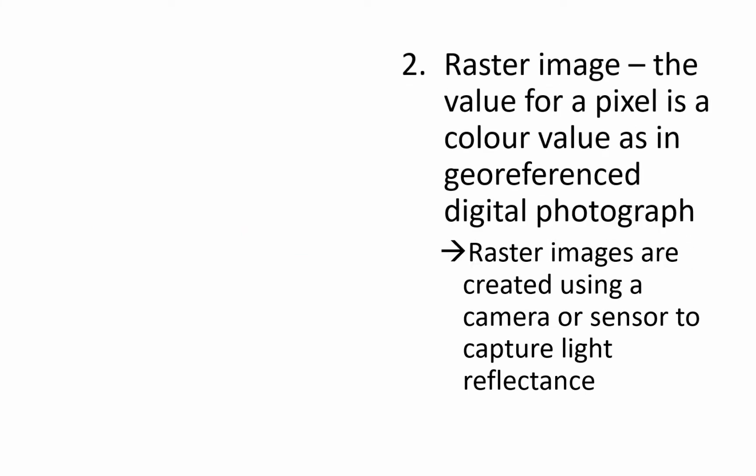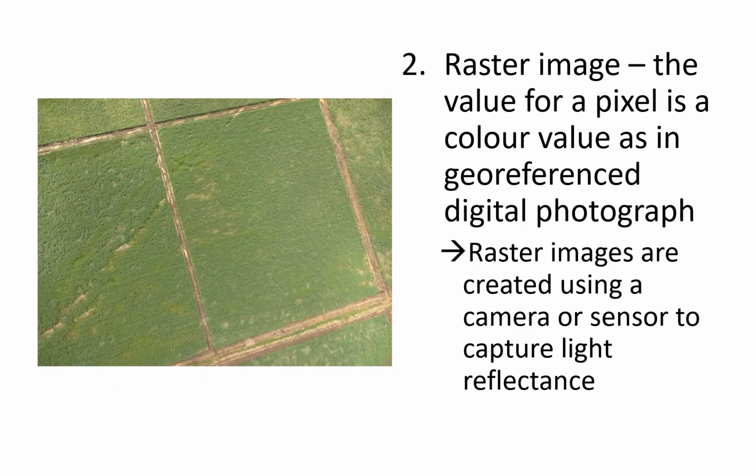Another type of raster is what we call a raster image, where the value for a pixel is a color value, as in a georeferenced digital photograph. Raster images are created using cameras or sensors to capture reflected light.